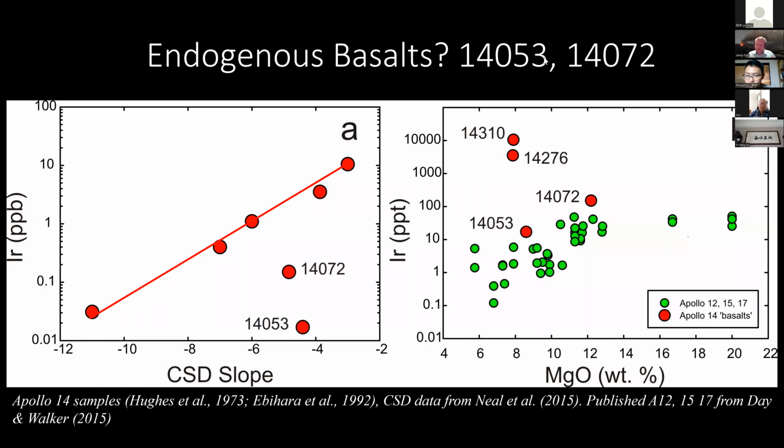The other issue that comes up, Jinggao, is that if you have high magnesium rocks and low magnesium rocks with these discrete osmium isotopic compositions that have very high HSE abundances, how do you do that as well? So it could be fractionation processes. It could be mixing of materials.